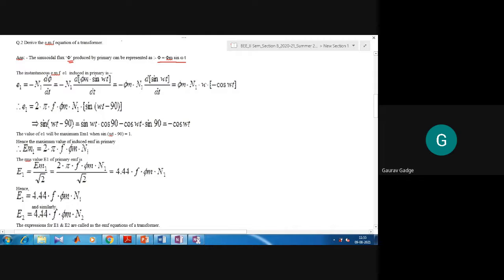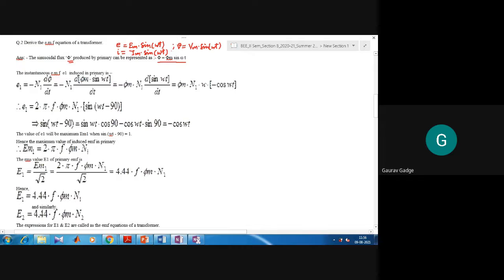We have studied before that e is equal to Em sin omega t, i is equal to Im sin omega t, then small v is equal to Vm sin omega t, etc. So these are nothing but the instantaneous equations of EMF, current and voltage.